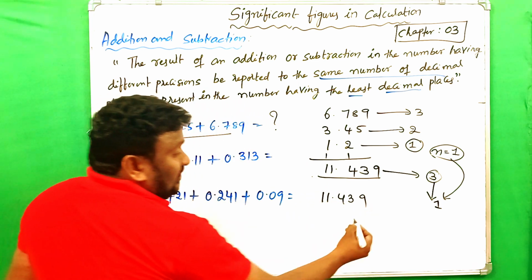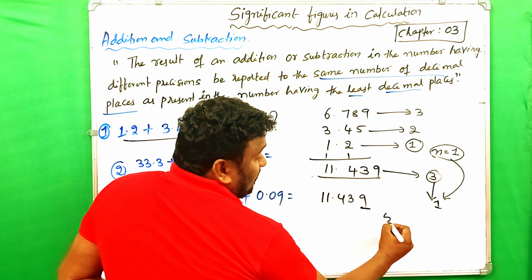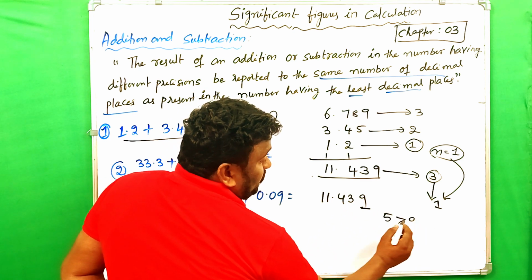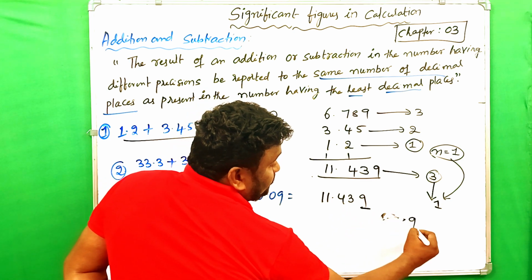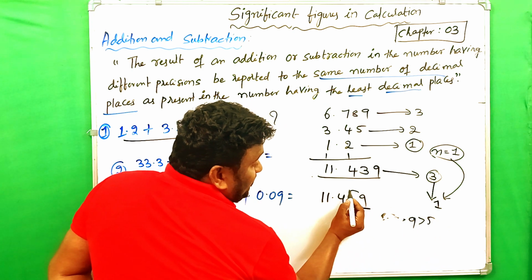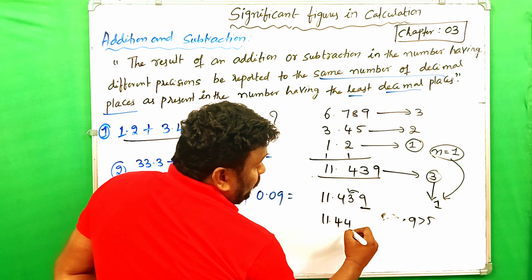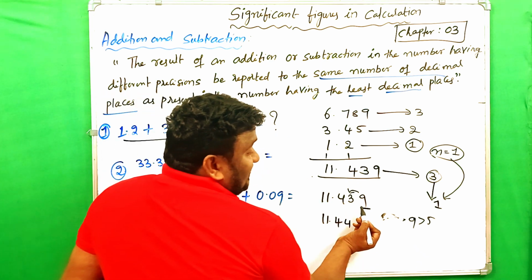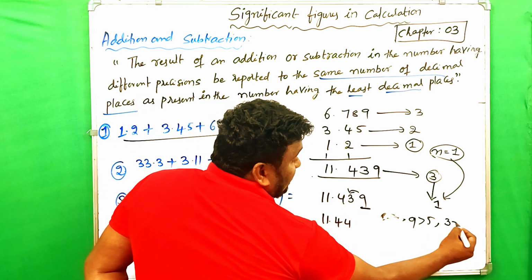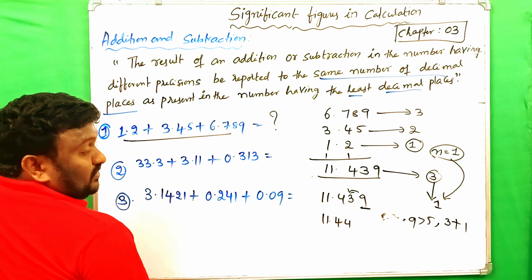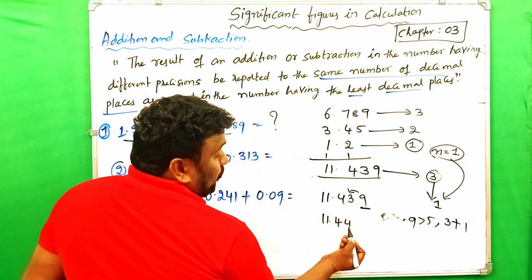Now 11.439. Here 9 is the digit, and 9 is greater than 5. Then the preceding number should be increased by 1. Then what you get? 11.44. Clear? 9 is greater than 5, so the preceding number is raised by 1. That's what you write: 11.44.